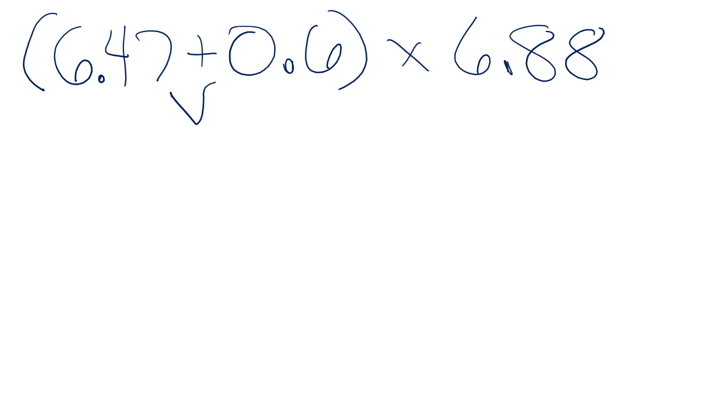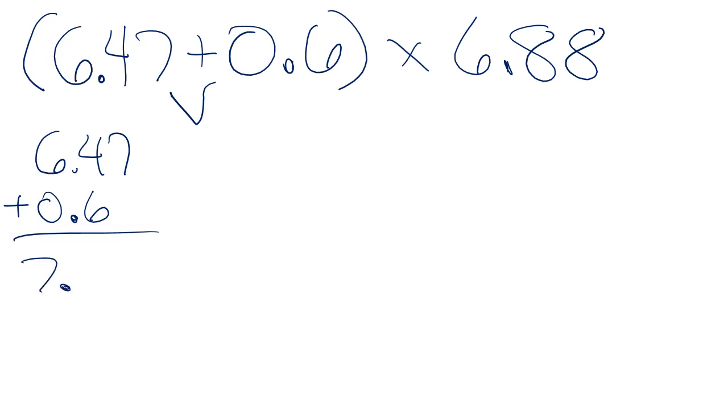So if we add those two together, 6.47 plus 0.6, we're going to get 7.07. If you were asked to solve that and just that, the answer would be 7.1.